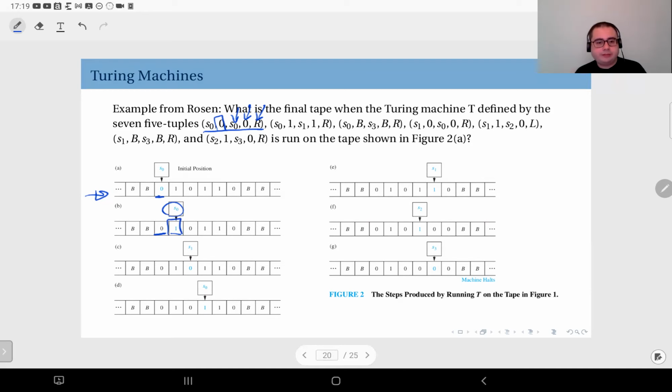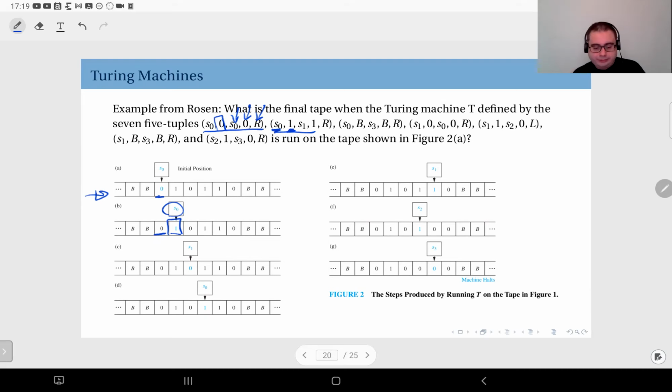Now my state is S0 and my input symbol is 1. So I'm looking for a quintuple involving S0 and 1. And here it is. S0, 1, current state and current symbol.